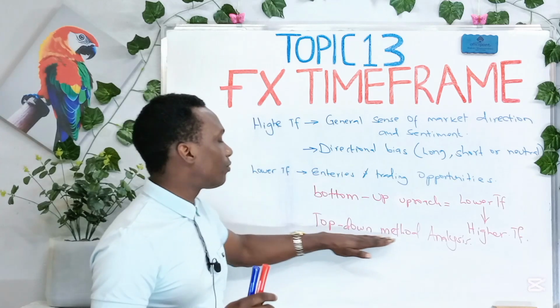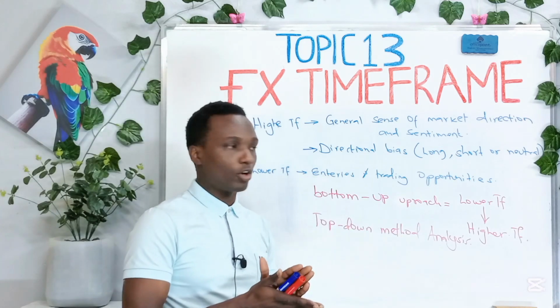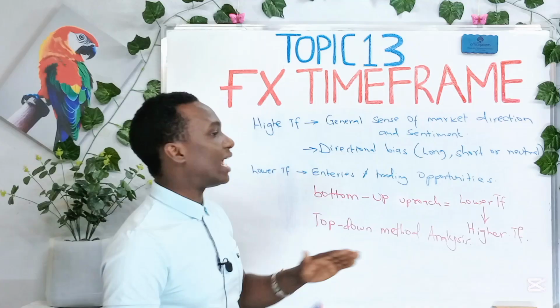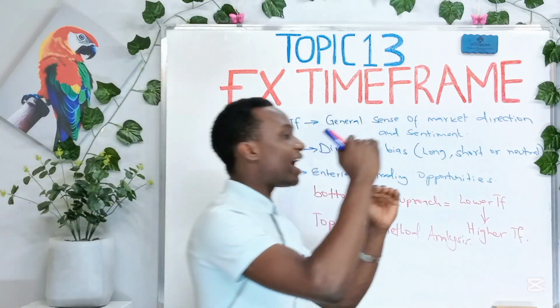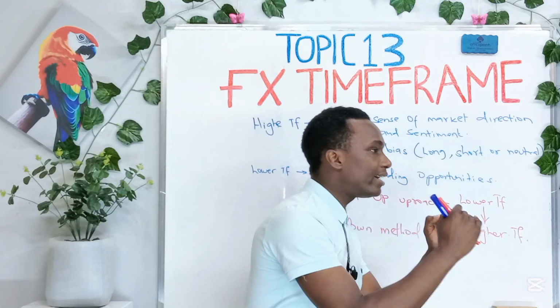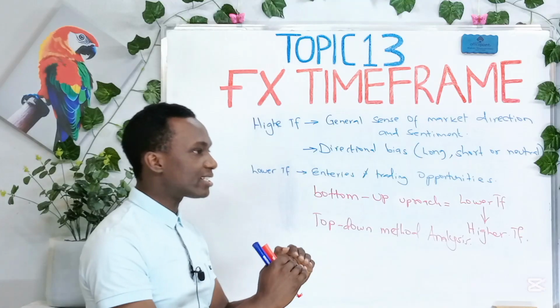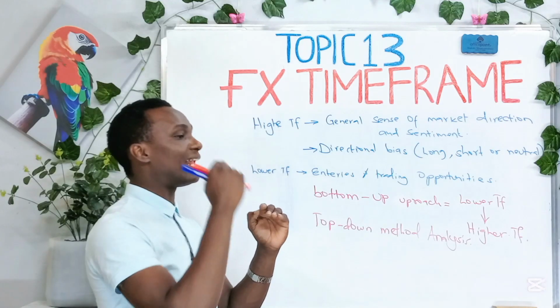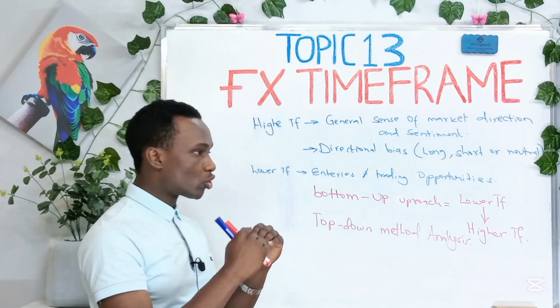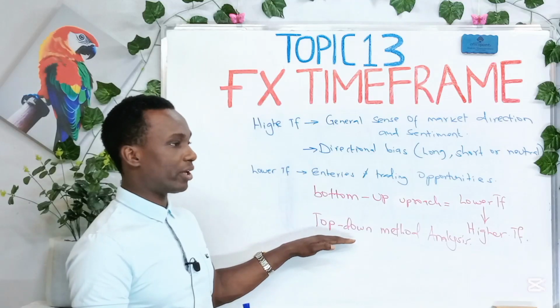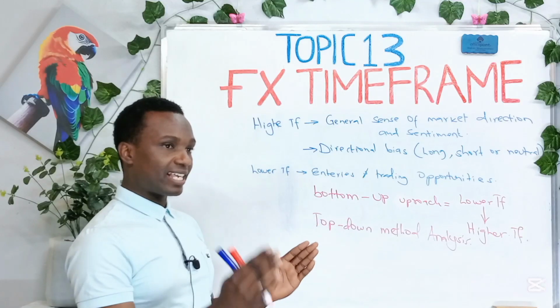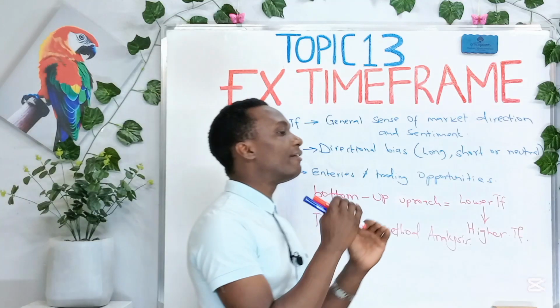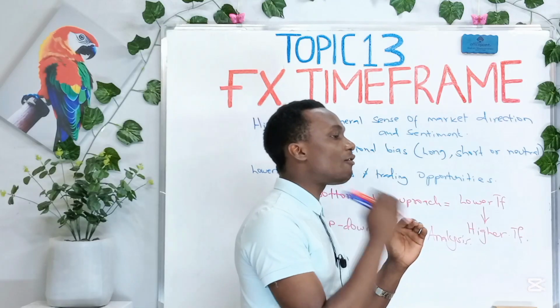With top down analysis, you start from the higher time frame, look for trading opportunities based on the higher time frame analysis, and then go to the low time frame. In this case the trade will fit perfectly into the overall chart narrative.